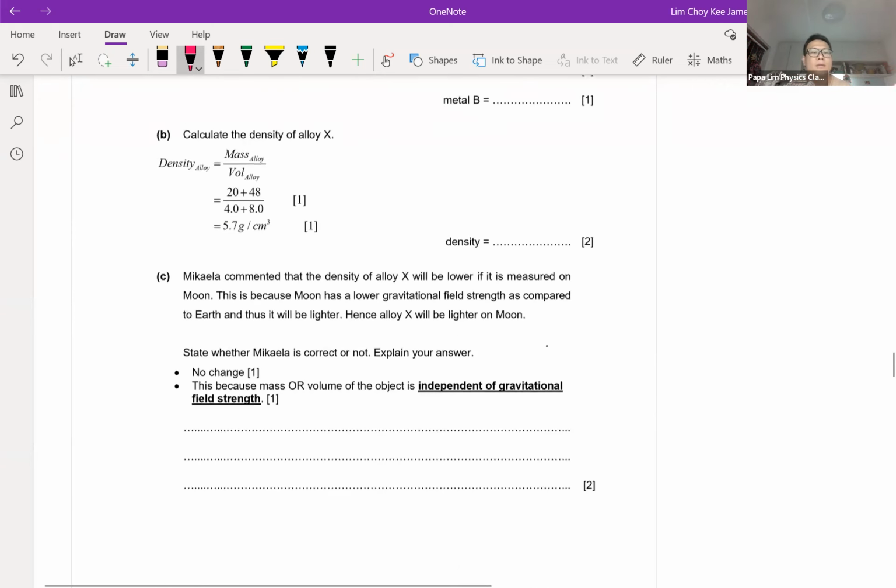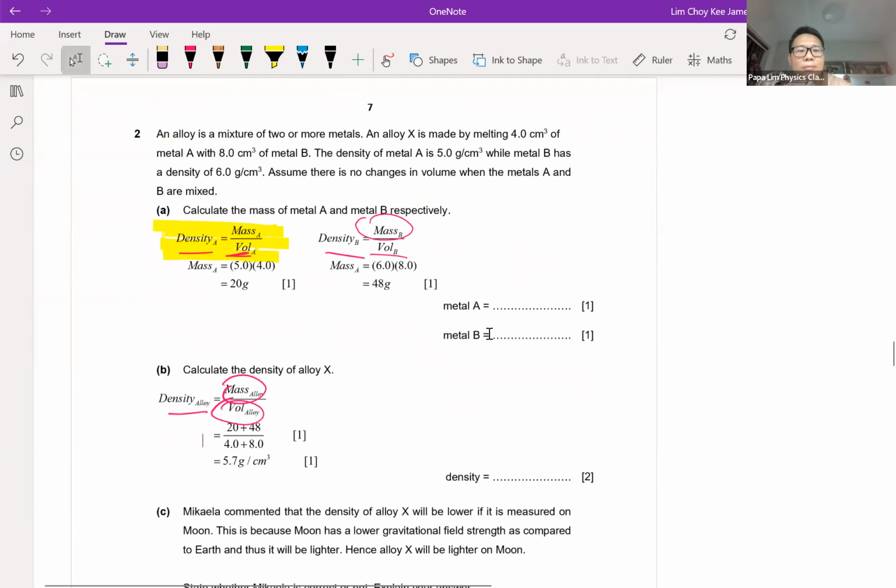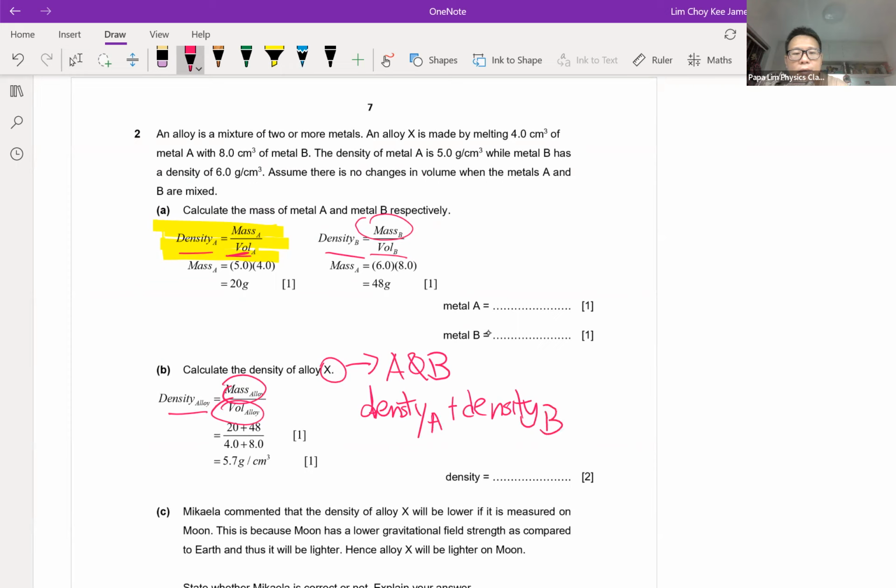And a common thing, density of alloy X. If I need density of alloy, I will definitely need mass of alloy and volume of alloy. Do not use a shortcut. Do not just simply say, hey, alloy X is made up of two materials A and B, so what I'm going to do is just use density of A plus density of B, then take the average, divided by 2.